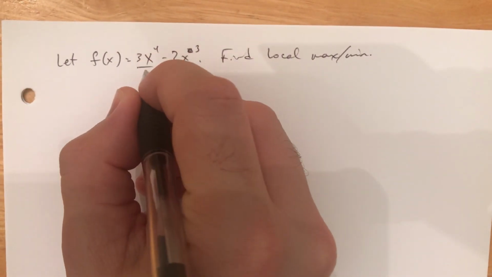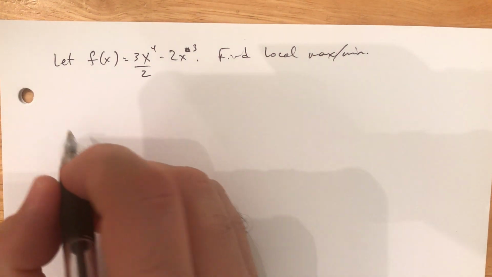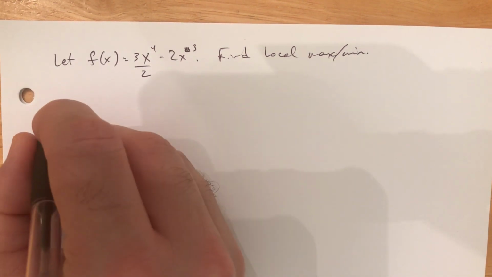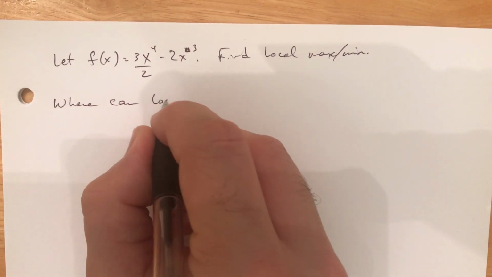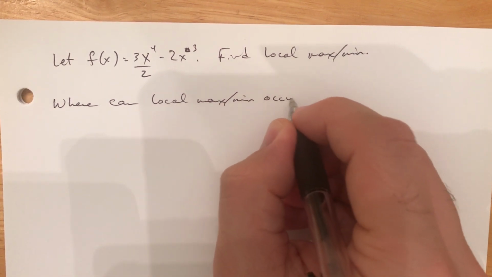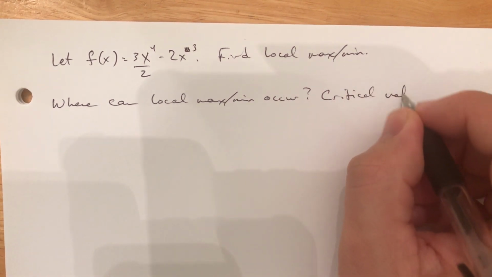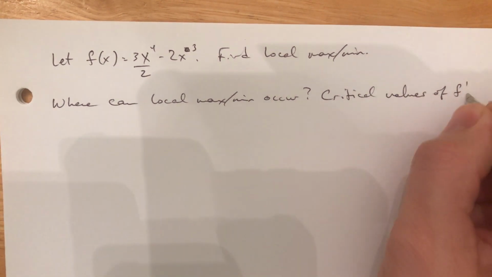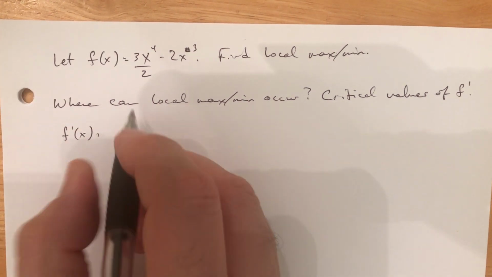Let's make this 3/2 x to the fourth. I think that's going to make some of our numbers work out a little bit nicer for us. All right. So where can local maximums or minimums occur? Only at critical values of f prime.